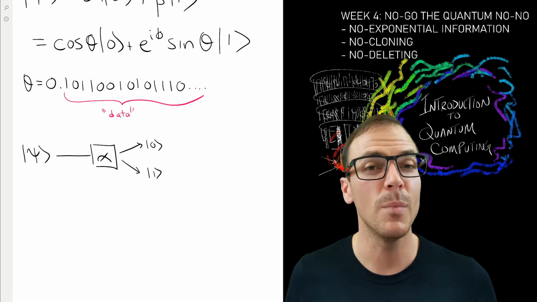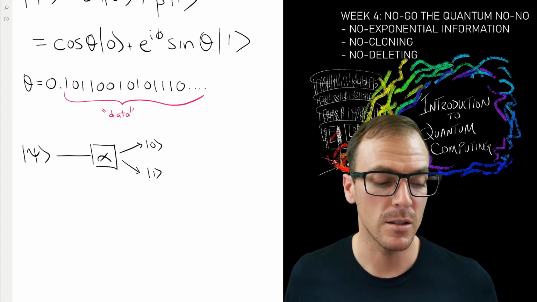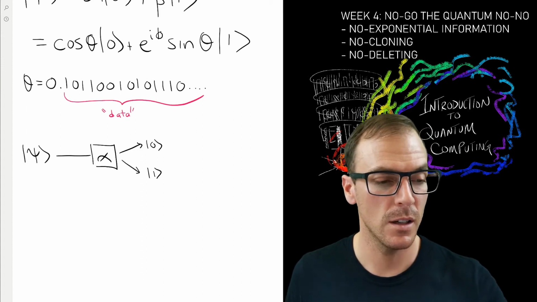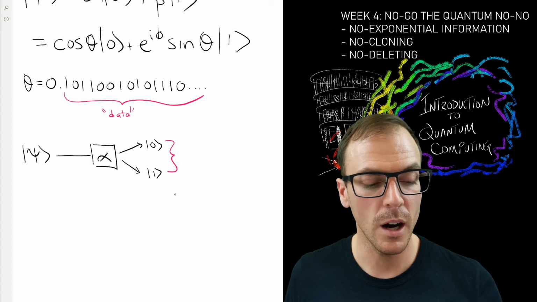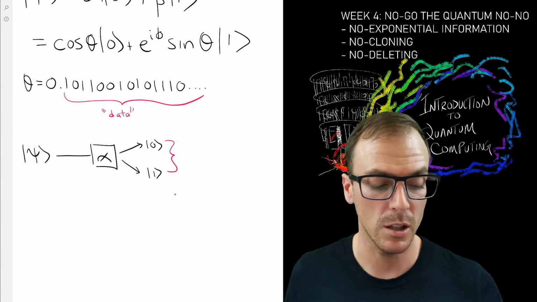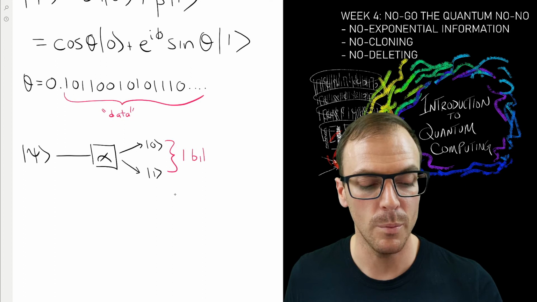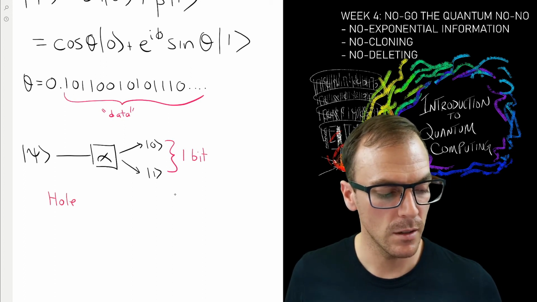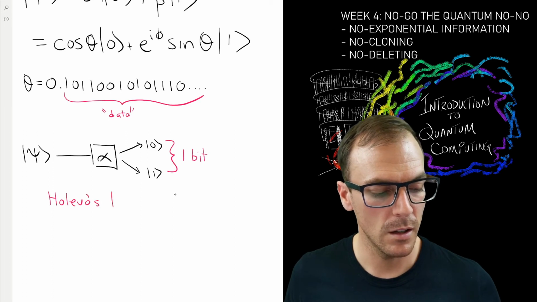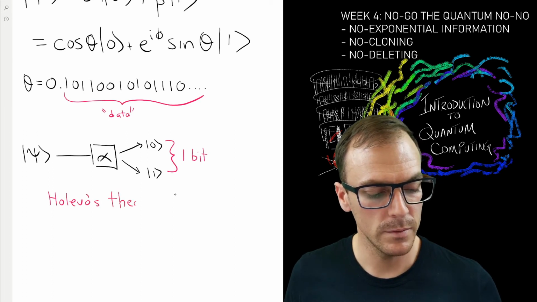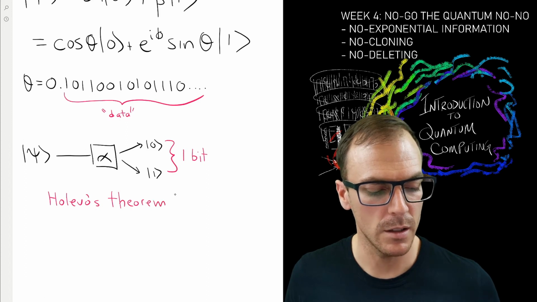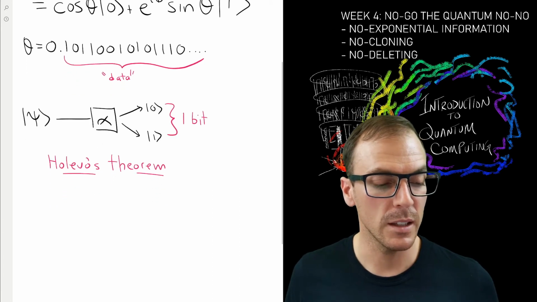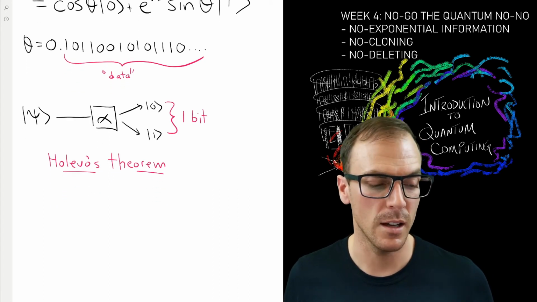So in fact, the most information I can get is 1 bit, because I can only distinguish one of 2 possibilities. So regardless of how many bits I try to encode in a qubit, I can only ever get out 1 bit of information. And if you're interested, this is called Holevo's theorem, and the proof is beyond the scope of this subject, but I think the intuition with measurement is sufficient.